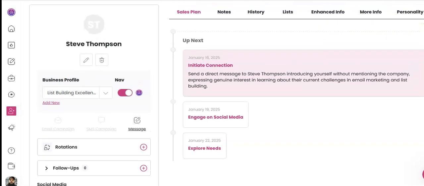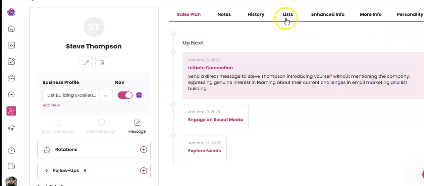See, not only am I able to pull up this personality report, but from a click of a button, I'm able to come up with a legitimate sales plan, which is the page you're looking at right now. So I turn the nav on, and the system, the AI bots, are telling me, send a direct message to Steve Thompson introducing yourself without mentioning, so I'm not going to go into all that.